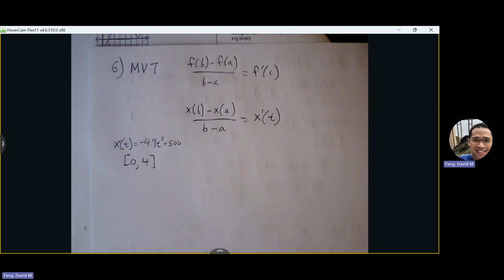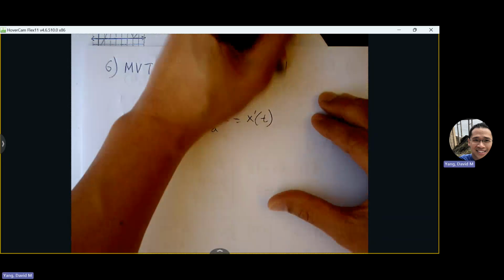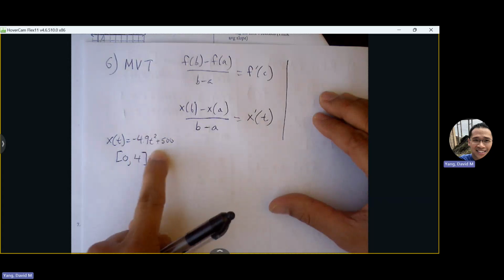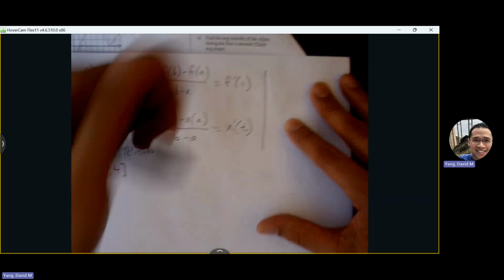But just as a reminder, this is mean value theorem. So our conditions do pass. Continuity on the closed interval, differentiable on the open.